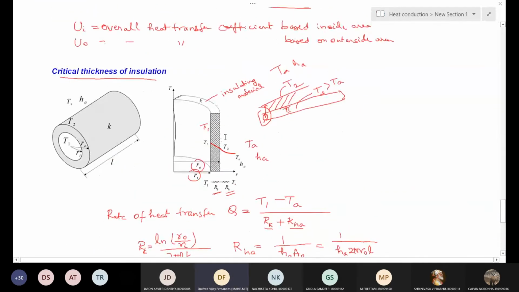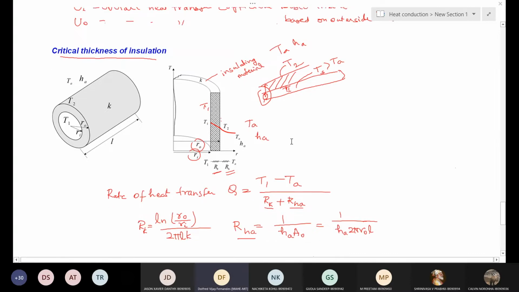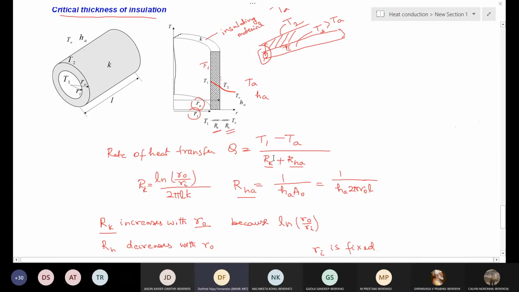We started with a single layer of insulation, and the inner surface at radius Ri, and so the thickness of the insulation actually is R0 minus Ri. So there is a conduction resistance through the insulation, and outside the insulation we have convection resistance. So total resistance to the heat flow is conduction and convection resistance.